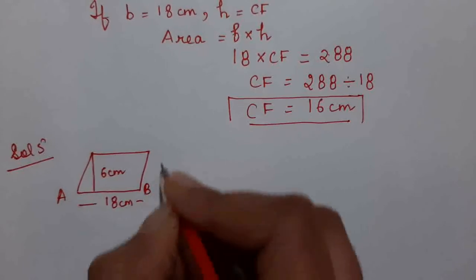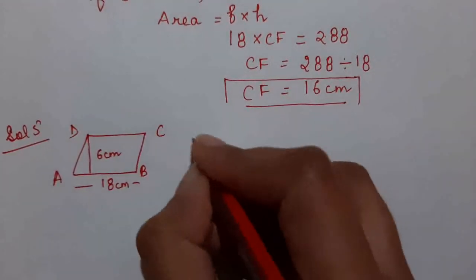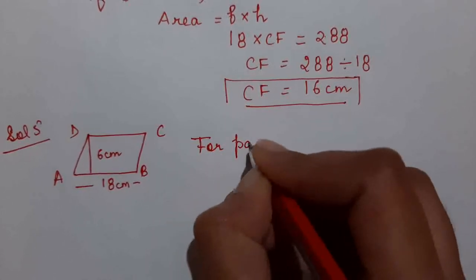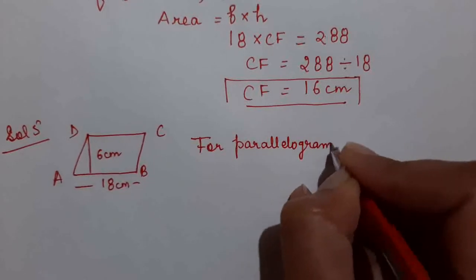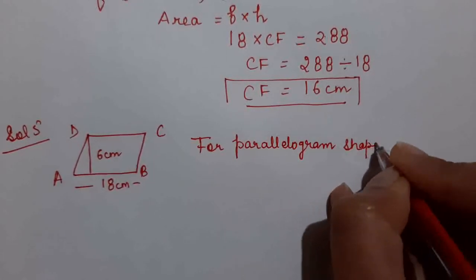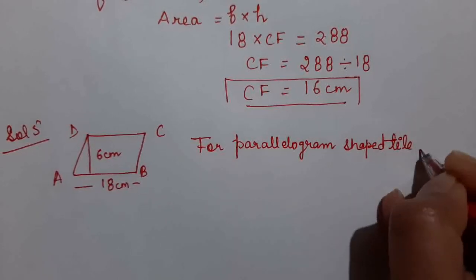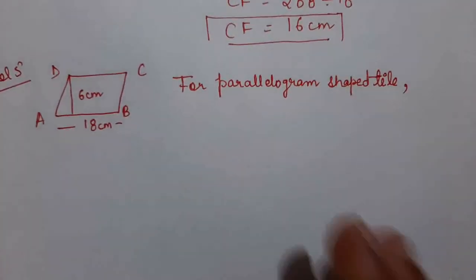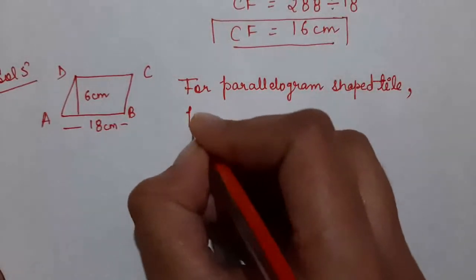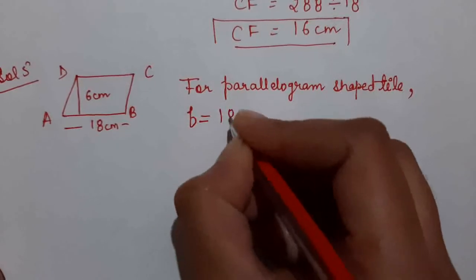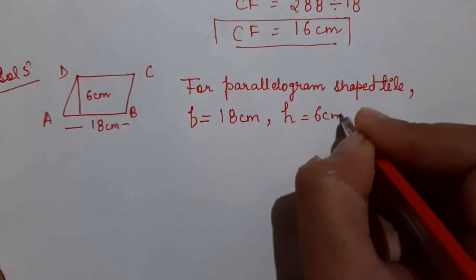Let this be A, B, C, D. So for the parallelogram shaped tile, the dimensions are base equal to 18 centimeter and height equal to 6 centimeter.